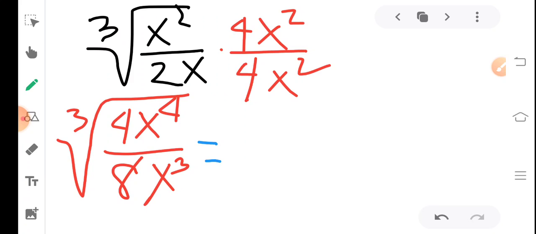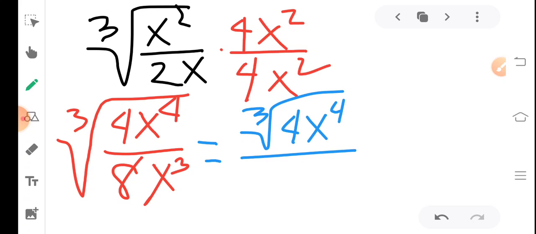The result is the cube root of 4x to the 4th over the cube root of 8, which is 2. And the cube root of x cubed is x.